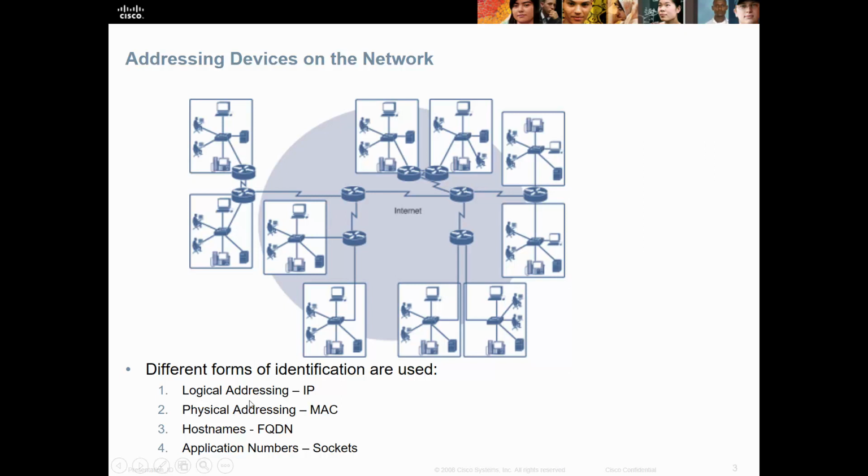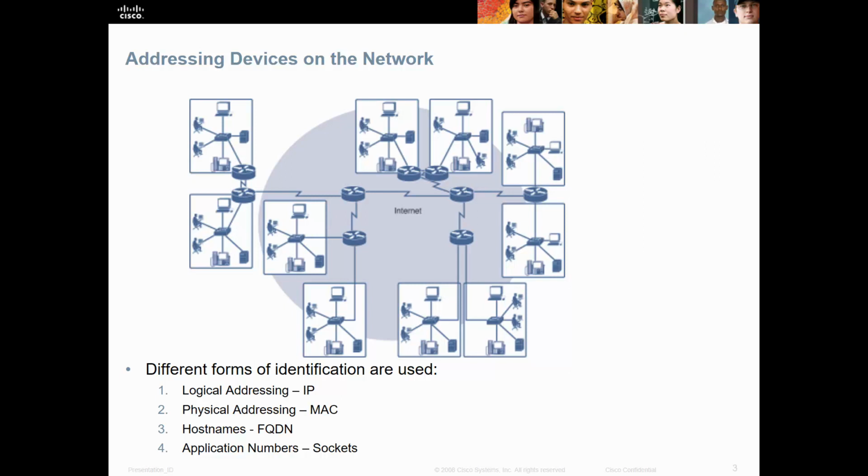Logical addressing, which is controlled by the IP protocol. Physical addressing, also known as MAC addressing. Host names, where we'll discuss the form of fully qualified domain name, or FQDN, and then we'll finish with application numbers, focusing on the topic of sockets and port numbers when it comes to applications.